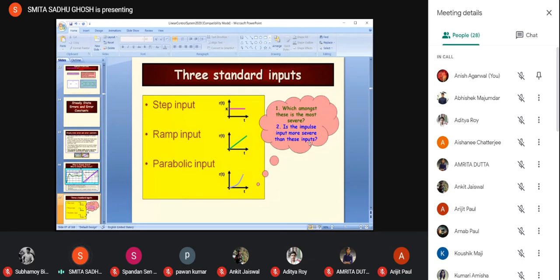Because after the initial instant, the impulse input actually amounts to withdrawing the input value, meaning that at an instant you're applying a particular input, but then withdrawing it instantaneously. On the other hand, in the step input, the input is still being applied at subsequent intervals. It's not increasing further, nor decreasing, but after the initial application, it is kept at the constant value. It's still being applied to the system.